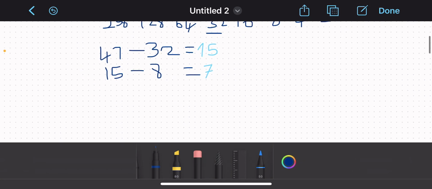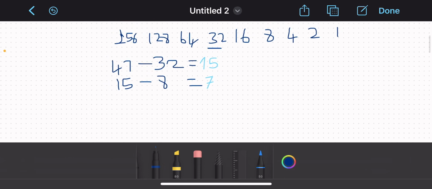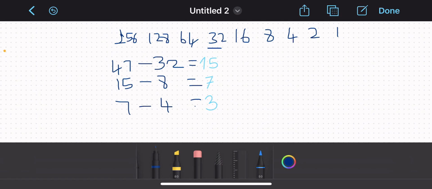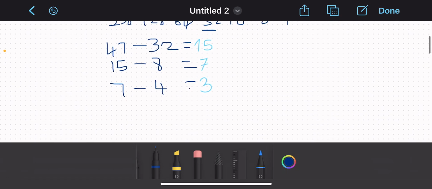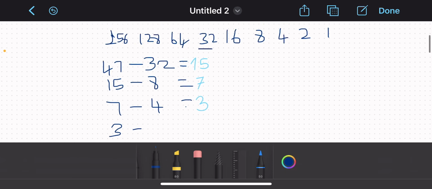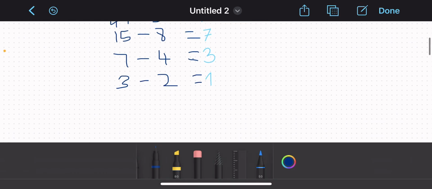And then we go again. We take 7 and look for a number that's smaller than 7. 7 minus 4 equals 3. And then 3 minus 2 equals 1, and then we put our 1.